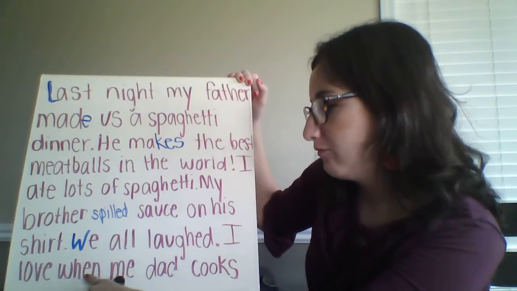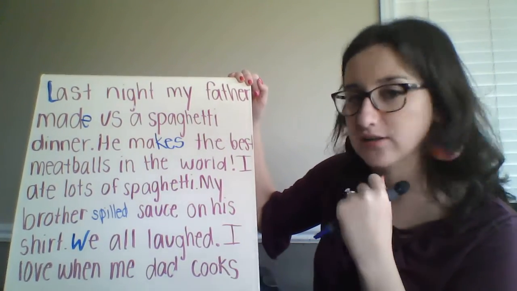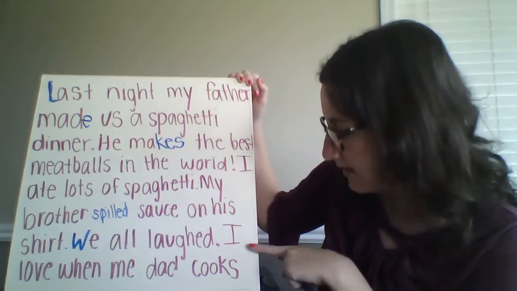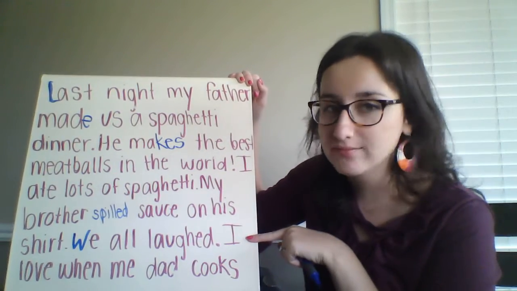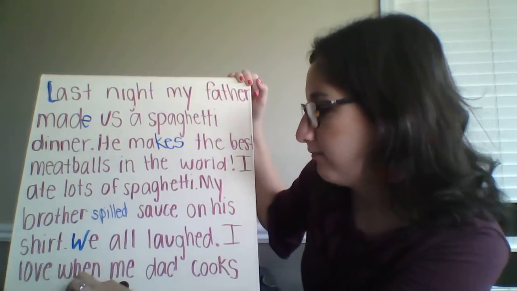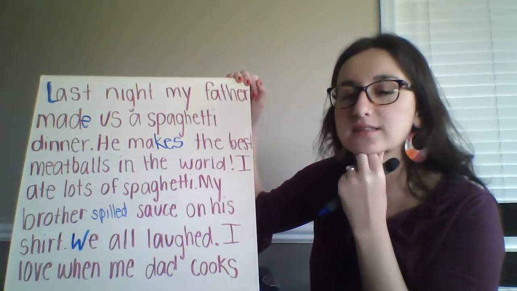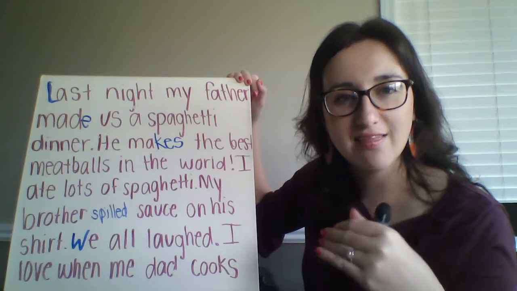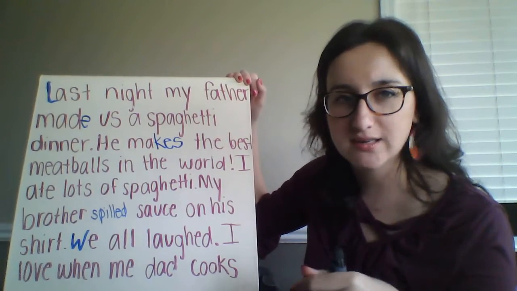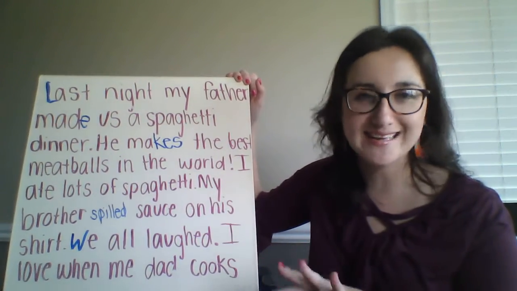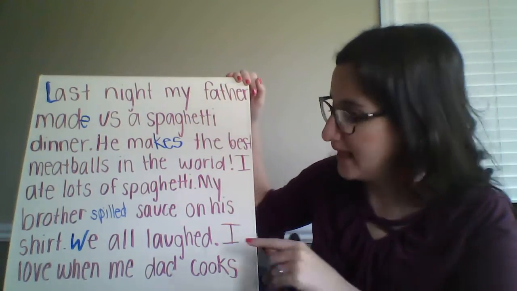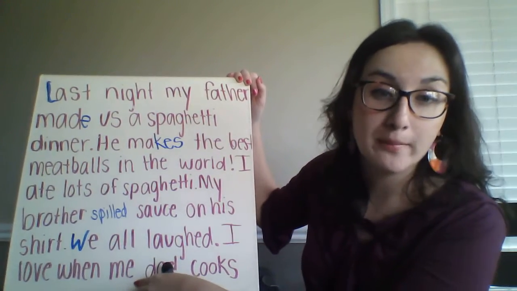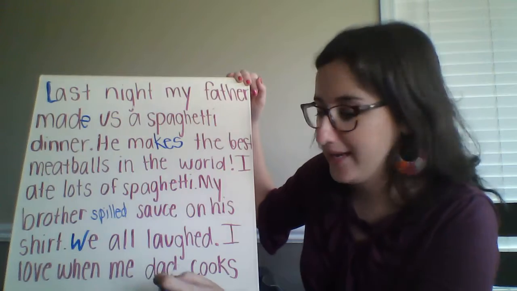I love when me dad cooks. Okay, I'm starting with the capital letter. Great. I love when me dad cooks. If I am saying I love when me dad cooks, that to me as a writer doesn't quite sound right. I think that this word me should be my.